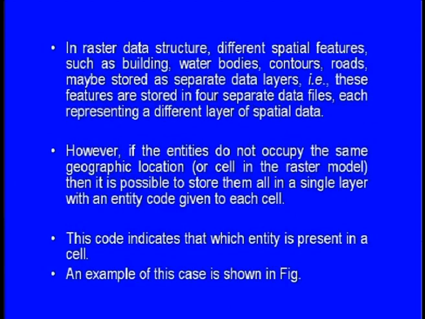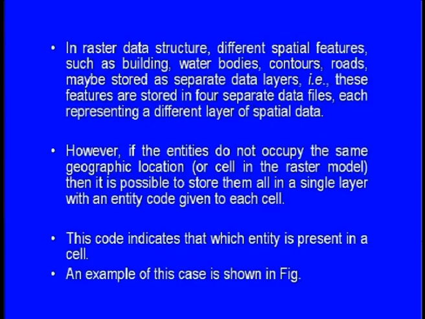In raster data structure, different spatial features such as buildings, water bodies, contours, roads may be stored as separate data layers. That is, these features are stored in 4 separate data files, each representing a different layer of spatial data.